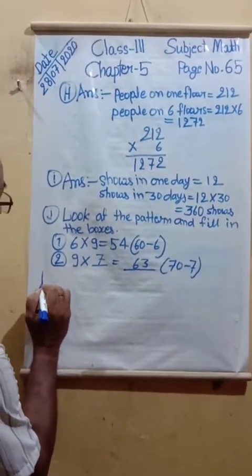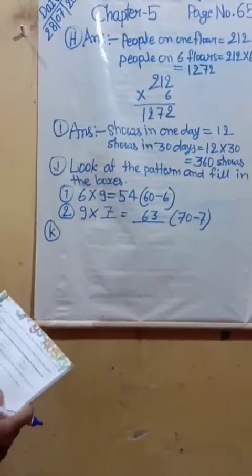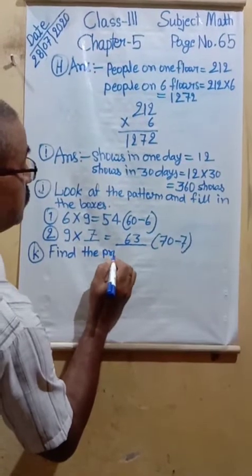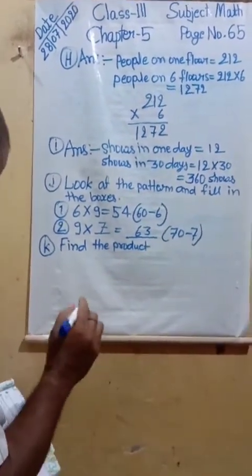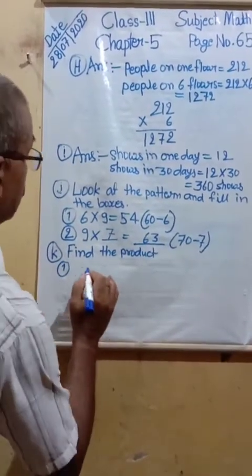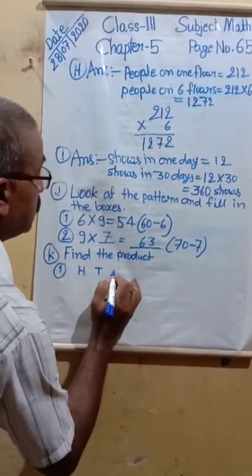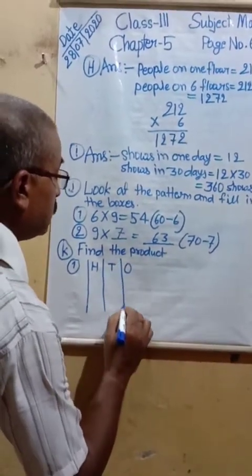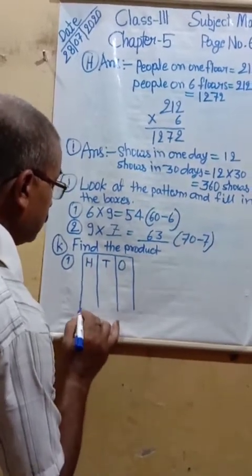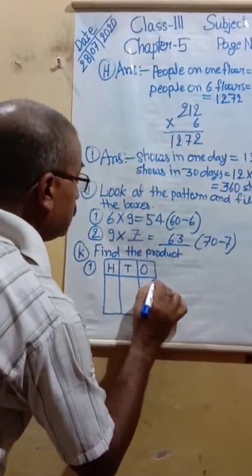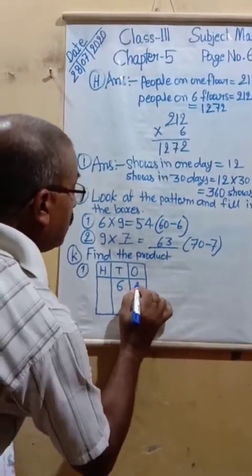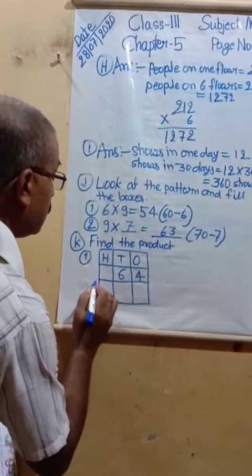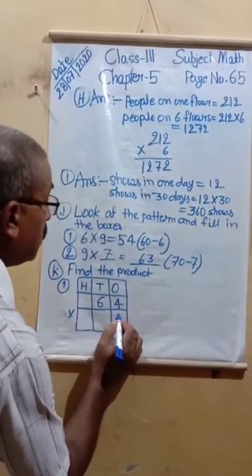Then question number K. Find the product. First question, 64 into 7.